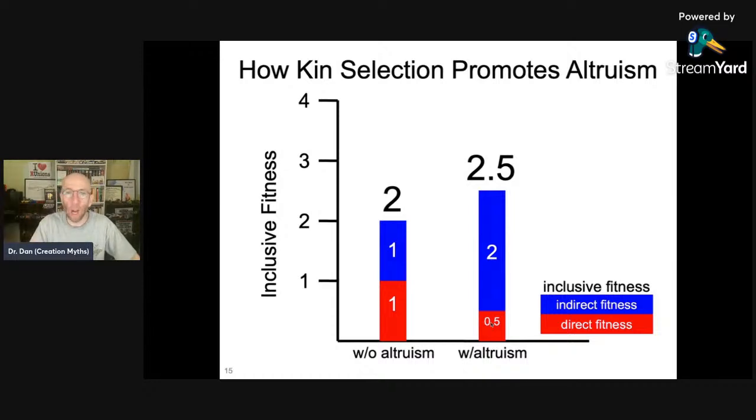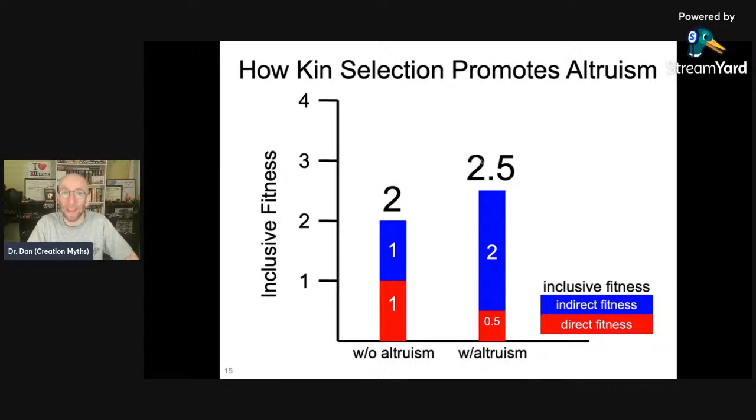You're giving up resources, you're making alarm calls, whatever the case is, you suffer a direct fitness cost. But if those same behaviors lead to an increase in your indirect fitness from 1 unit of fitness to 2 units of fitness, your total inclusive fitness in that situation has increased from 2 units of fitness to 2.5 units of fitness.